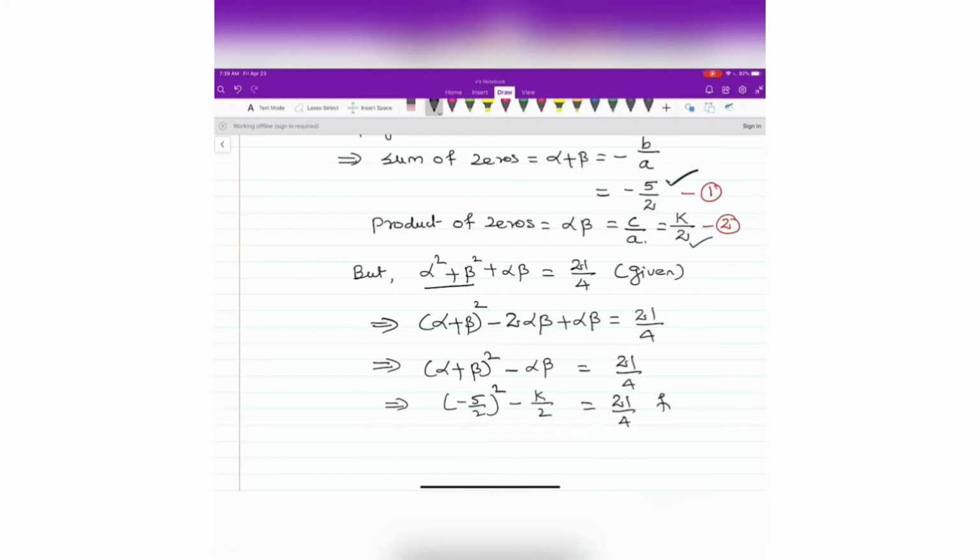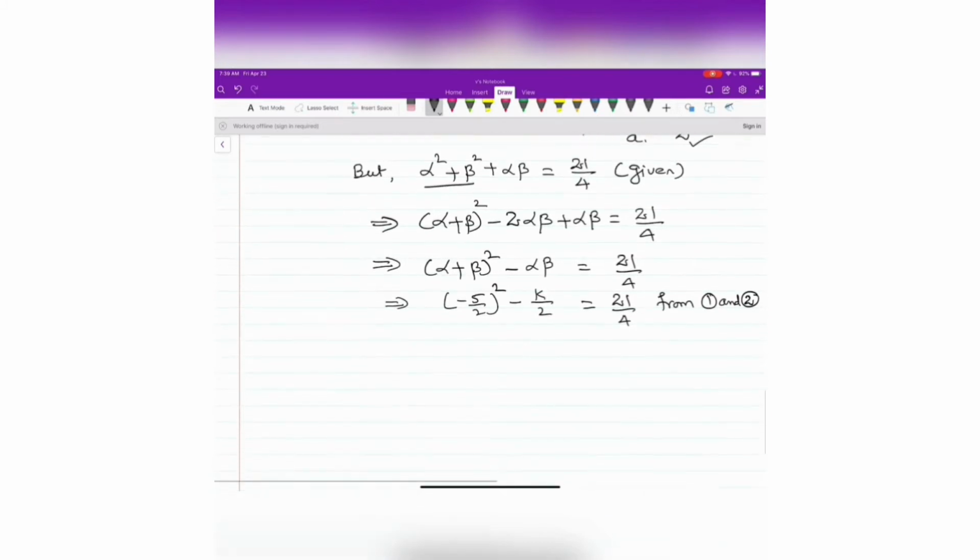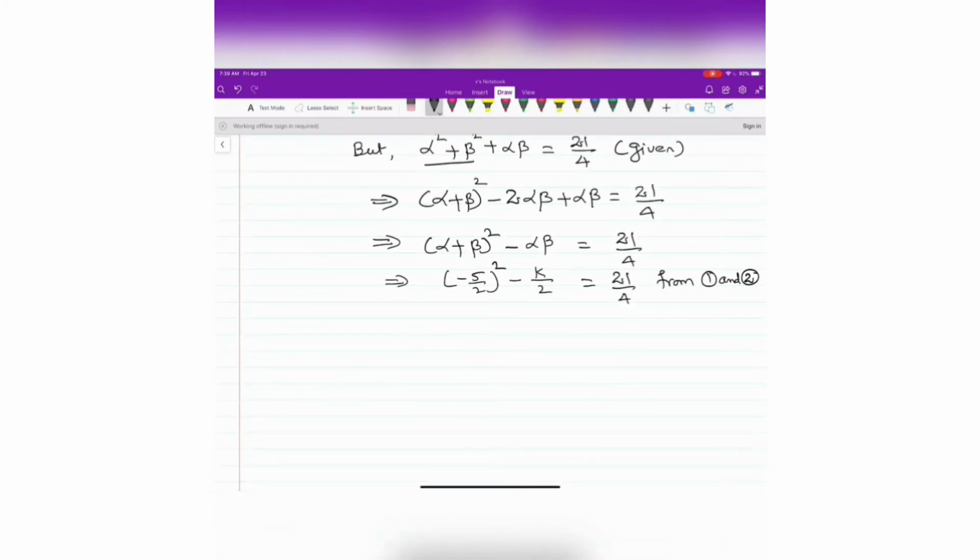This we got it from 1 and 2. When you simplify this, you will be getting 25 by 4 minus k by 2 is equal to 21 by 4.